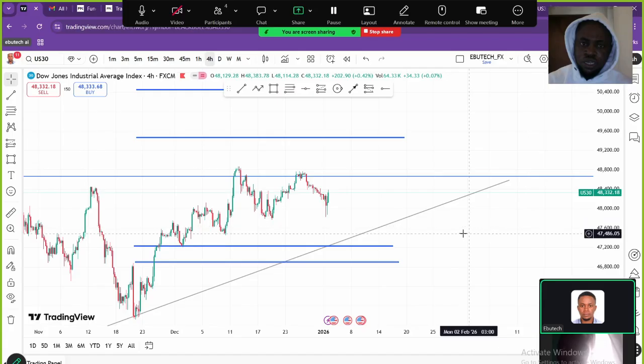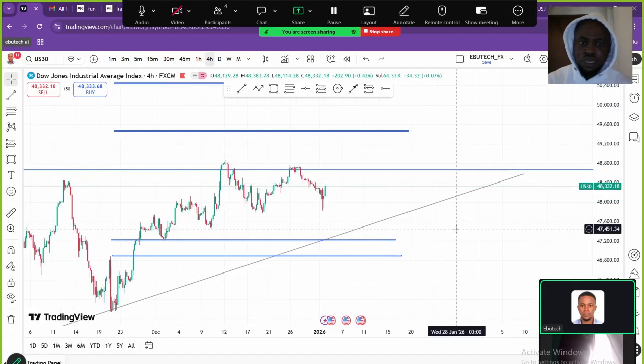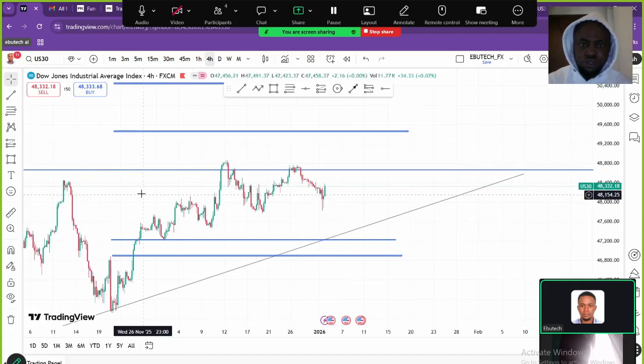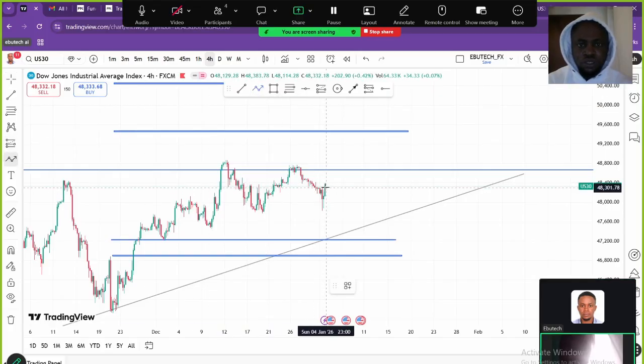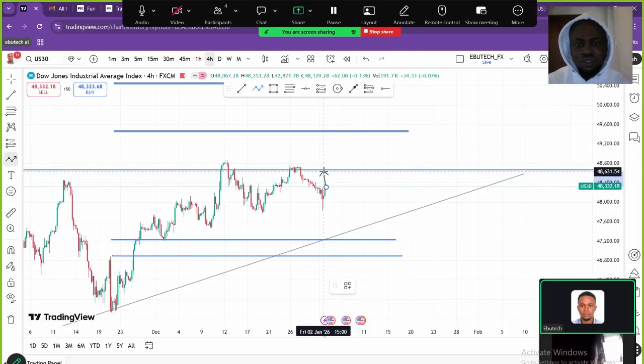So now what we are expecting from this market is that once it gets to this, this is the resistant level. This is the highest resistant level, this line you are seeing. Do you get?